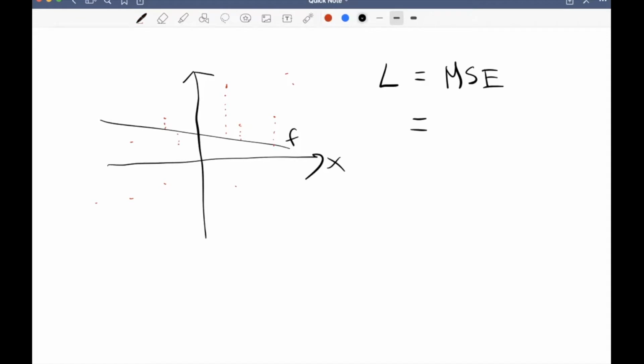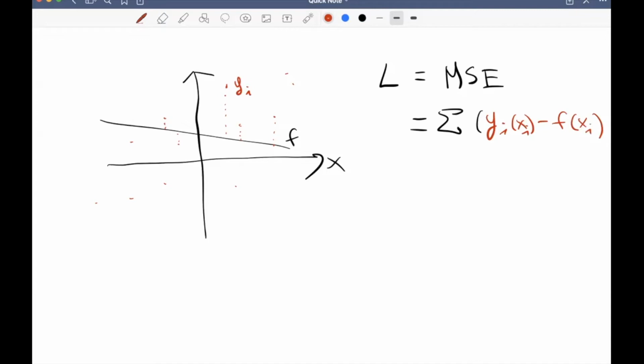So one way you could do that is, let's say each point is yi, and then we could say, what's the difference between yi and f of xi, yi minus f of xi.